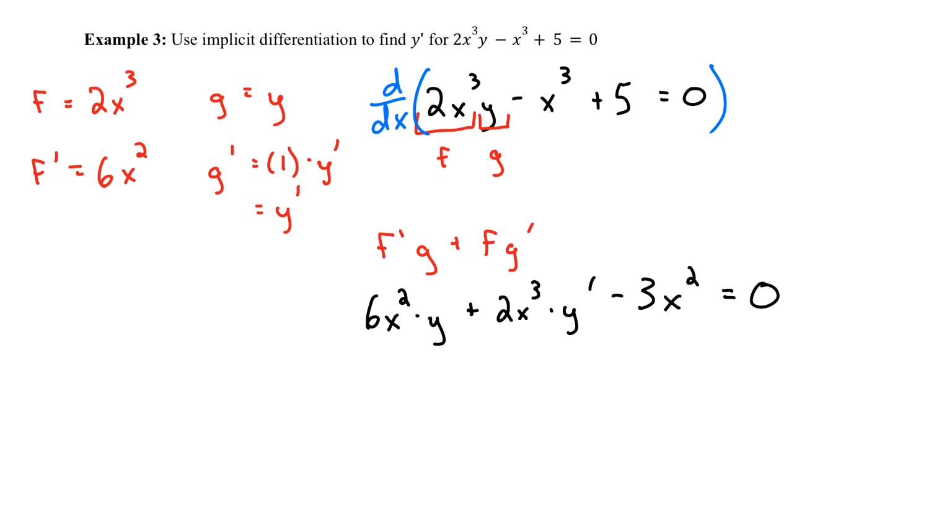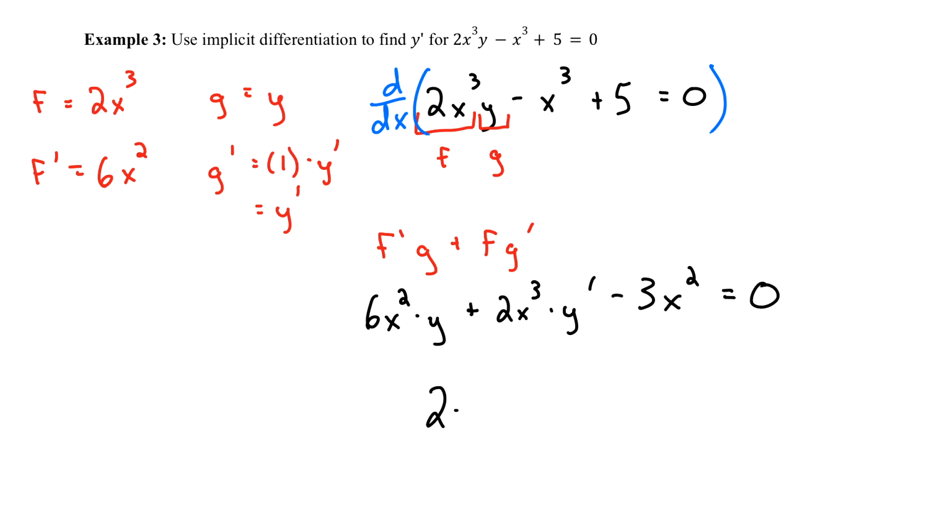And now at this point, again, we just want to get y prime by itself. So just like I said last time, we want everything that has a y prime on one side of the equation, and then everything else that does not have a y prime, in this case that's the 6x squared y and the negative 3x squared, we're going to move over to the other side of the equation. So in this case, we're going to do a little bit of addition and subtraction here.